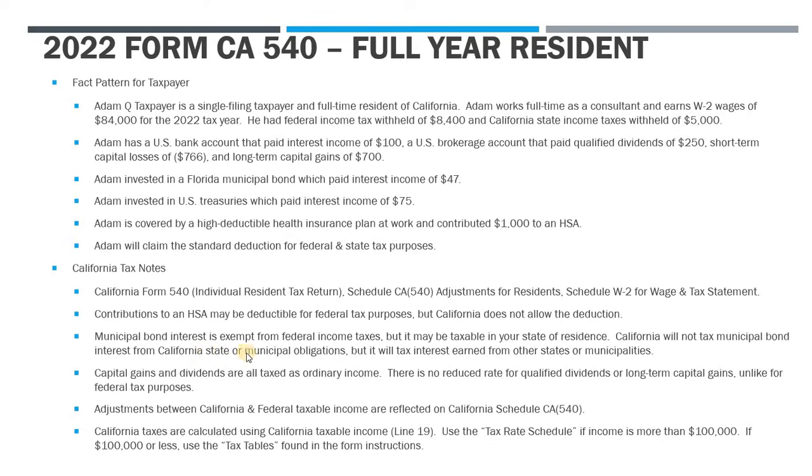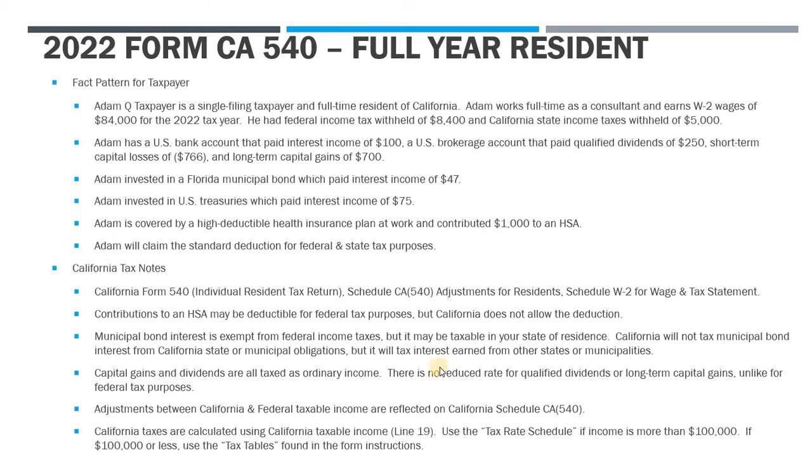Municipal bond interest is generally exempt from federal income tax purposes, but it could be taxable depending on where you're a resident. California doesn't tax municipal bond interest on obligations that are from California. So if you have California, the state, or a county or other municipality in California issuing the bond, that interest will be tax exempt for federal purposes, and it will be exempt for California purposes if you're a resident there.